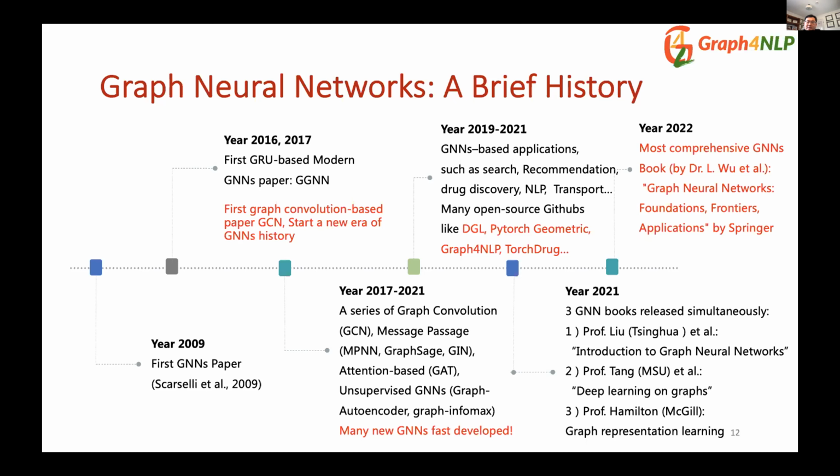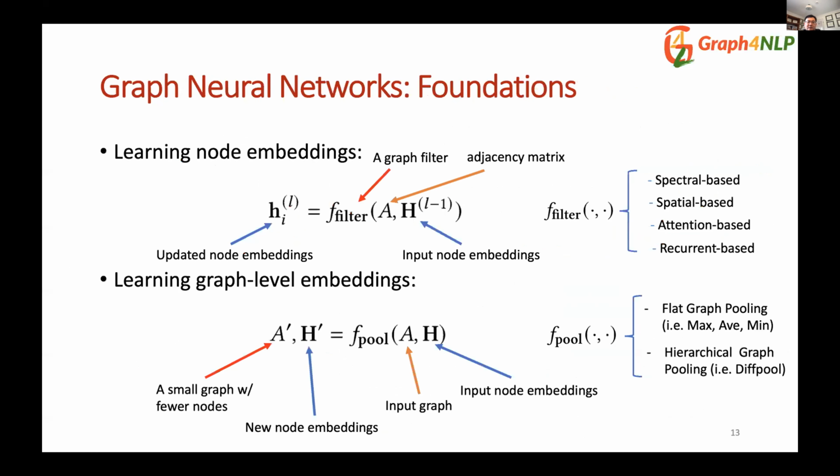It has 27 chapters with almost 725 pages. Here we try to summarize as much as possible about the foundations, frontiers, and applications people have been using so far in this very fast growing area.